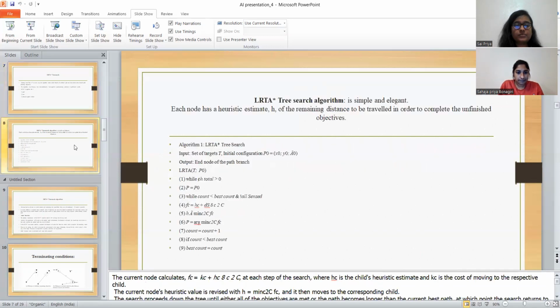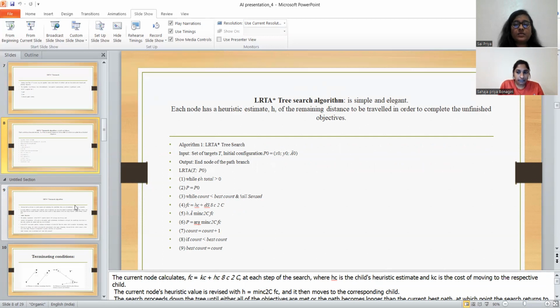Slide 8. The LRTA-star algorithm is straightforward and elegant. Each node has a heuristic estimate of the remaining distance to go in order to fulfill the unfinished objectives. The current node calculates F(c) equal to K(c) plus H(c) at each stage of the search, where H(c) is the child heuristic estimate and K(c) is the cost of shifting to the relevant child.